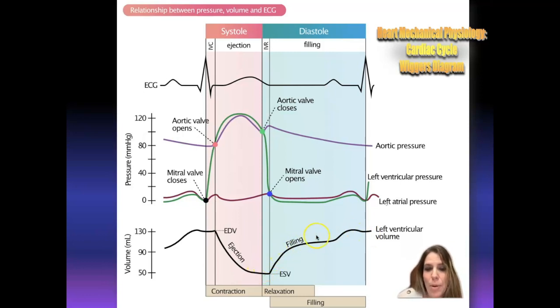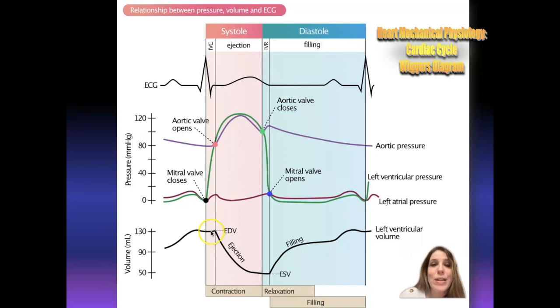Once it contracts, we are in ventricular systole. Remember that it's going to start off with the isovolumetric contraction, which is phase 2 of the cardiac cycle, where the volume does not change. So at that point, that graph is going to be flat.